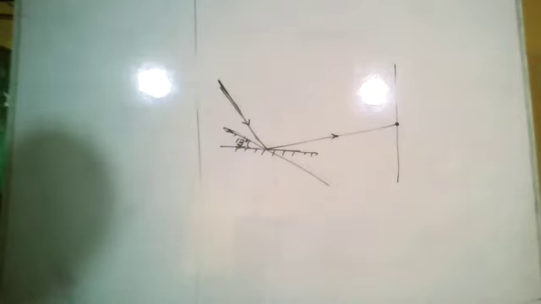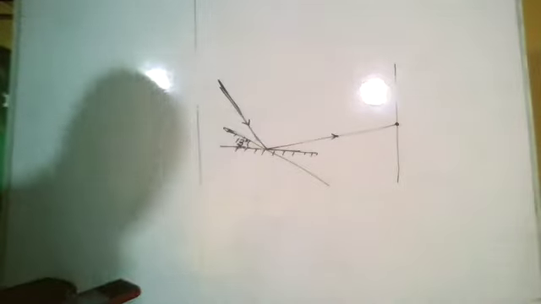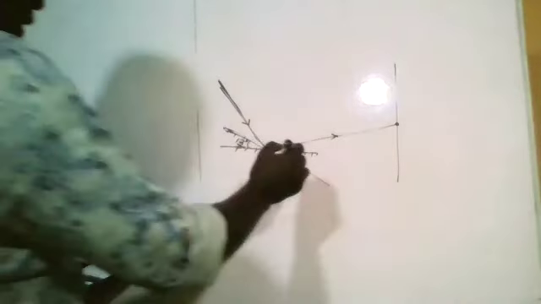If the distance between the mirror and the old spot is 7.3, so this distance from the mirror to the old spot, there's a new spot.